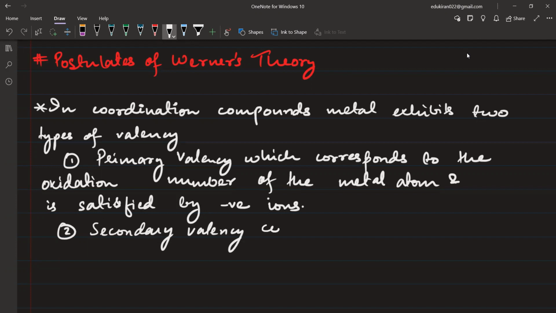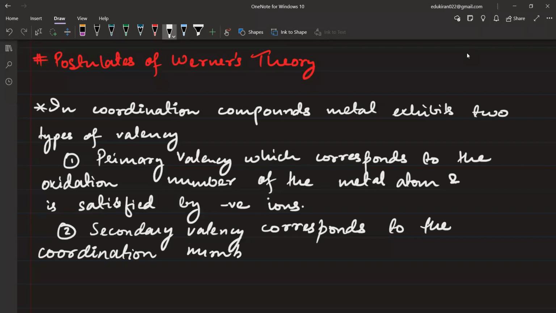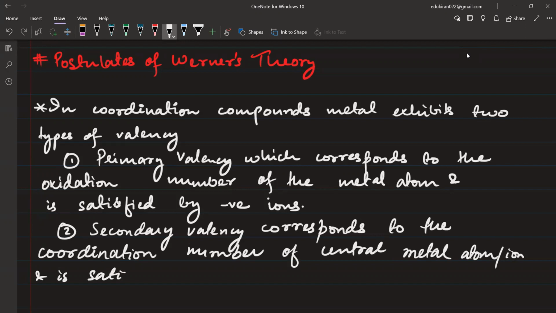Secondary valency corresponds to the coordination number of the central metal atom or ion and is satisfied by negative ions or neutral molecules.